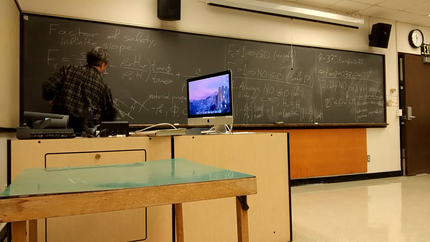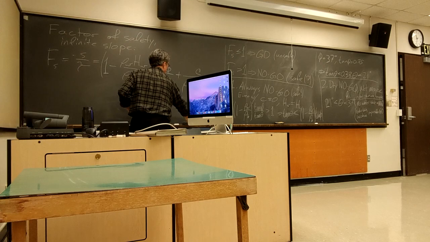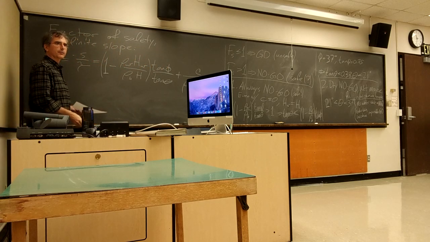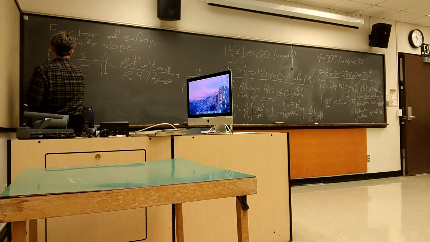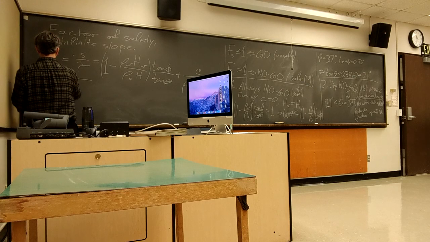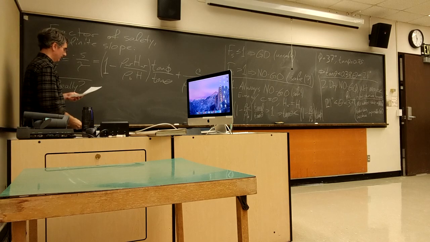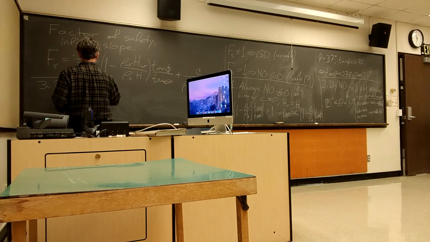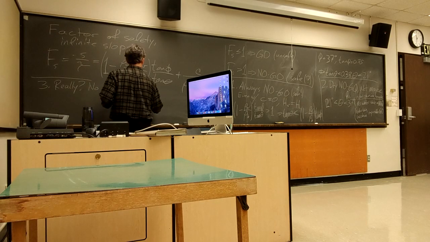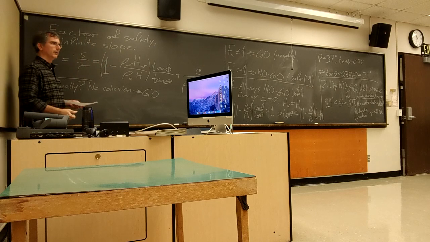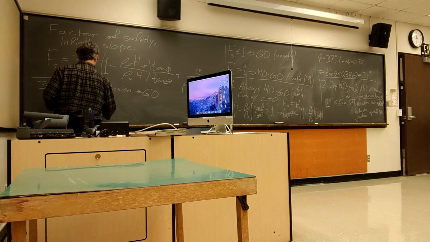We have a third class of slopes that somehow manages to be stable despite the fact that the slope is actually greater than the angle of repose. This is what you might call the "really?" That is, if there's no cohesion, then it's a go. And that means that the slope angle is greater than the angle of repose.